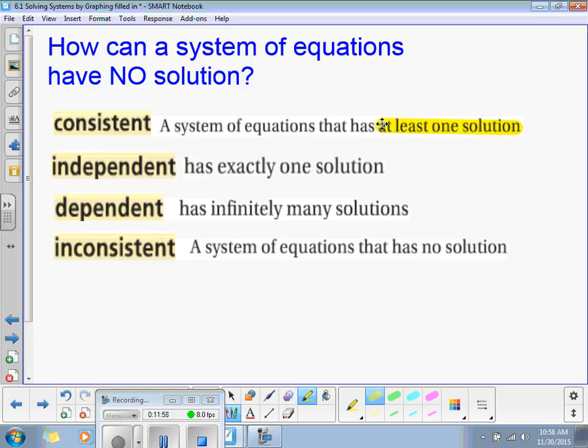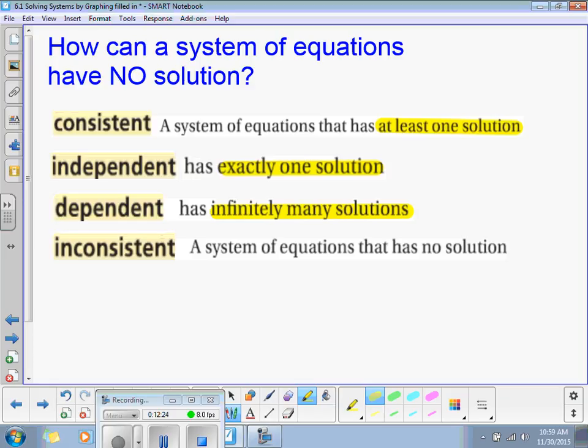An independent system has exactly one solution. A dependent system has infinitely many solutions. How did we say they were going to have infinitely many solutions? If they were not just two lines, but the same, they occupy the same space, right?